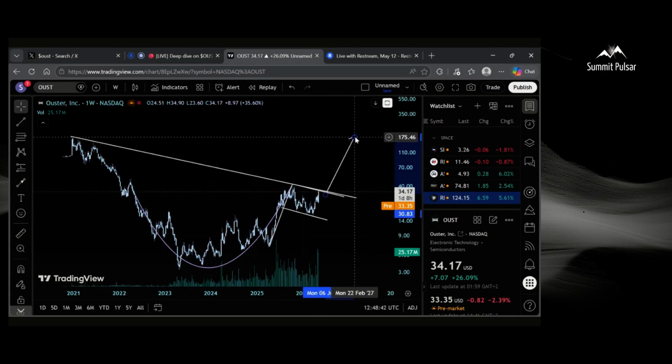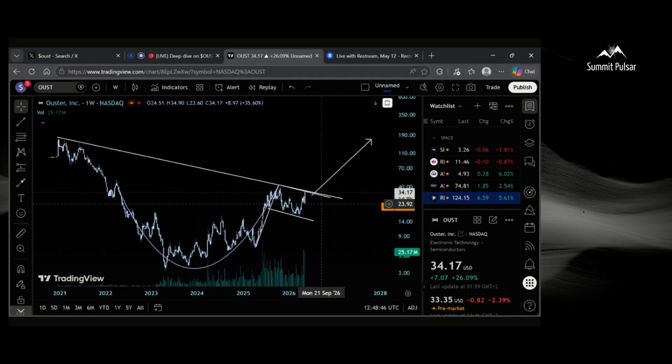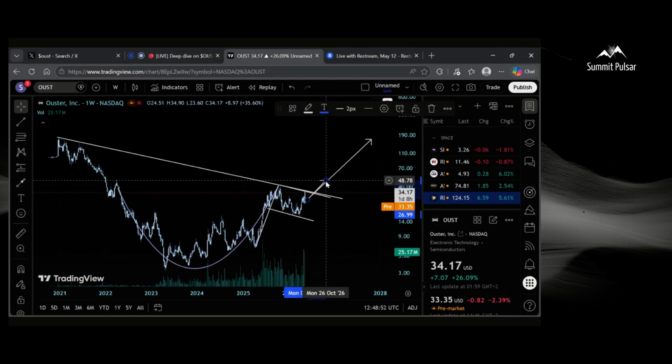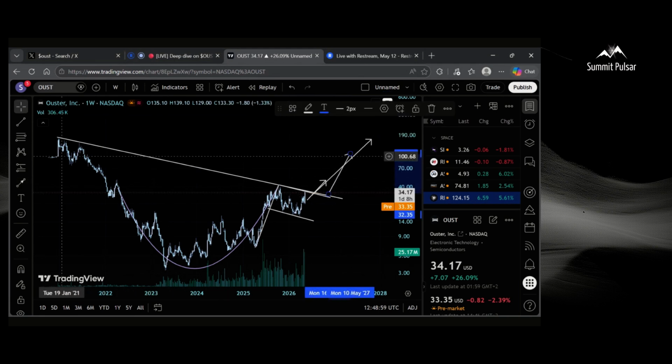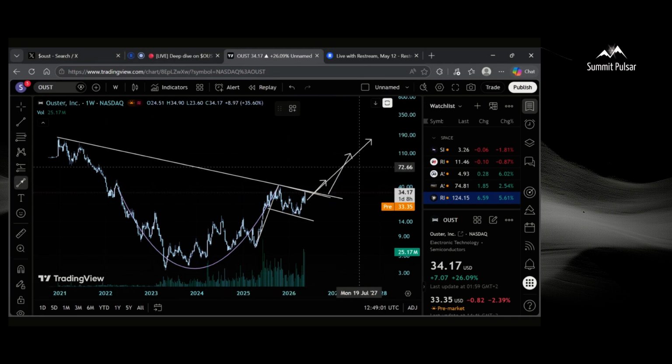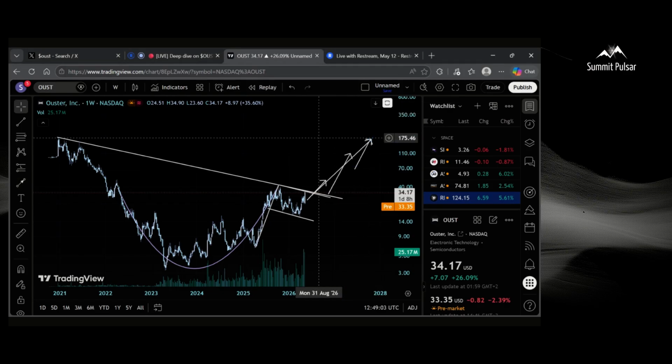I don't know whether the rally will occur right now, or it's going to chop sideways, maybe go up like this to 40, then stabilize, go down again, test the resistance line as support, go higher to 100, and then chop again and reach 160 in January of 28.